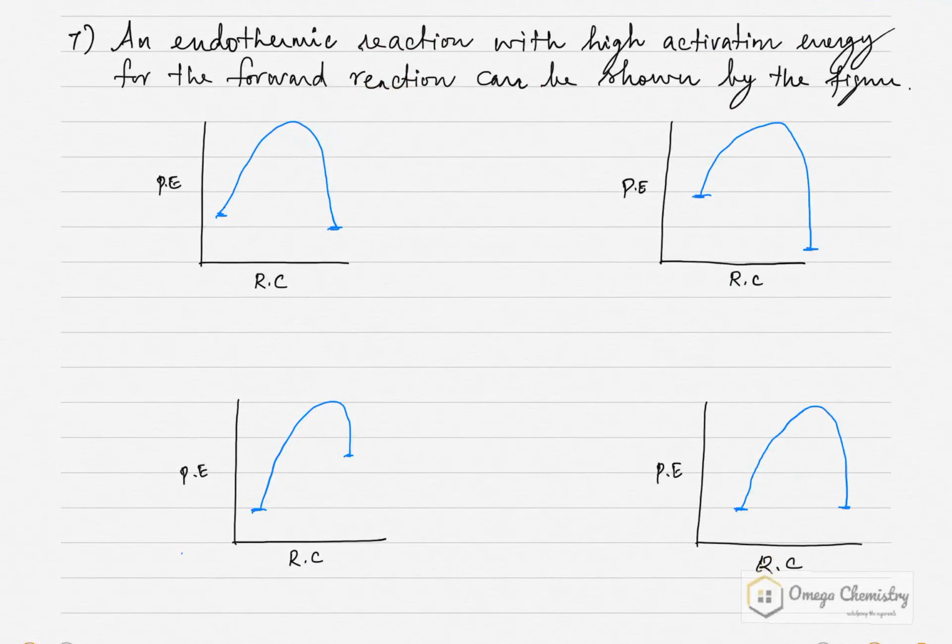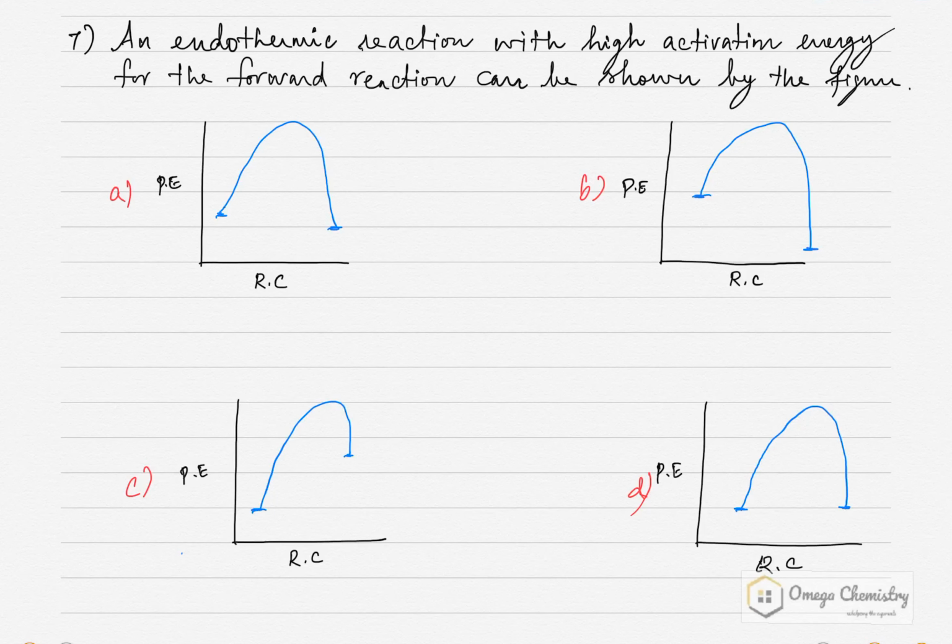7th one. An endothermic reaction with a high activation energy for the forward reaction can be shown by the figure. So there are 4 figures given: this is A, this is B, this is C, and this is D. Fine. If there is a large gap between the potential energy of a reactant and that of the product, that represents high activation energy.